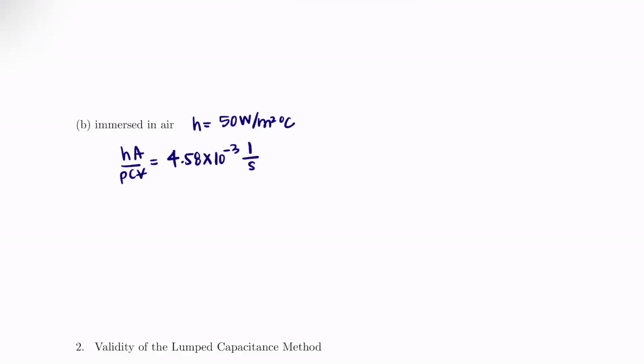And so then our temperature at a time of 1 second is equal to, again, T infinity plus Ti minus T infinity, e to the minus HA over rho CV times t.